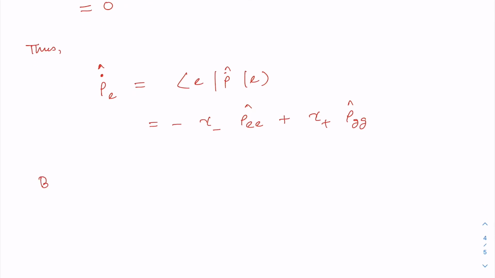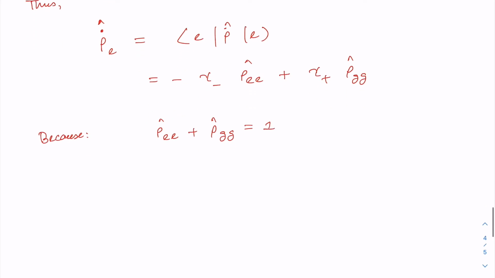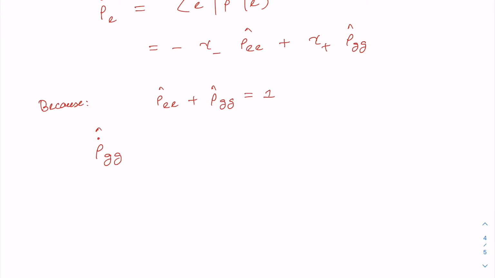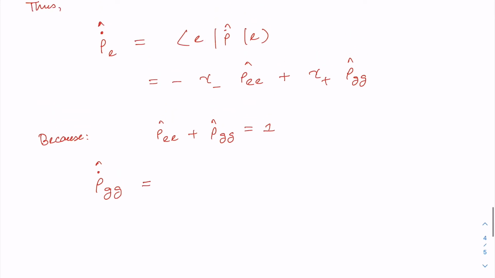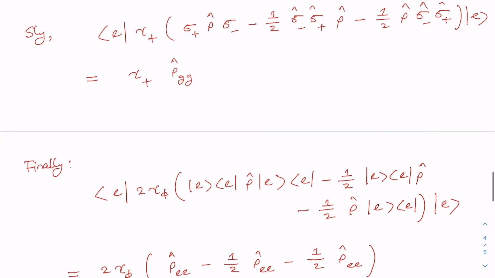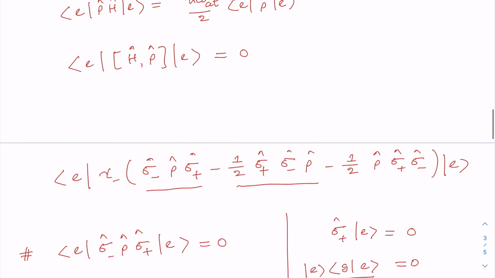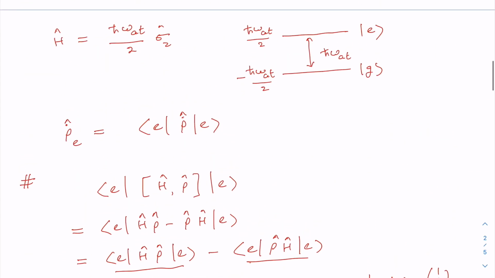Now because we know that rho E E plus rho ZZ is equal to 1, without doing any further calculation I can simply write the time evolution of rho ZZ. Maybe earlier also I have to make the same correction here, I just left one, this you have to put.